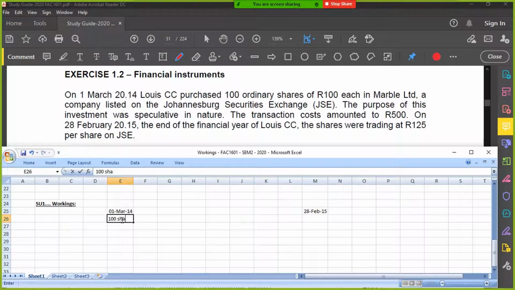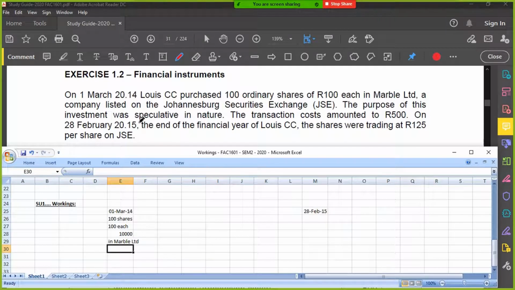Right, what happened on 1 March? You bought 100 shares, yes. Okay, 100 Rand each. So 100 times 100 is 10,000. Right, this is obviously in Marble Limited. Okay, then you've got the investment is speculative in nature.